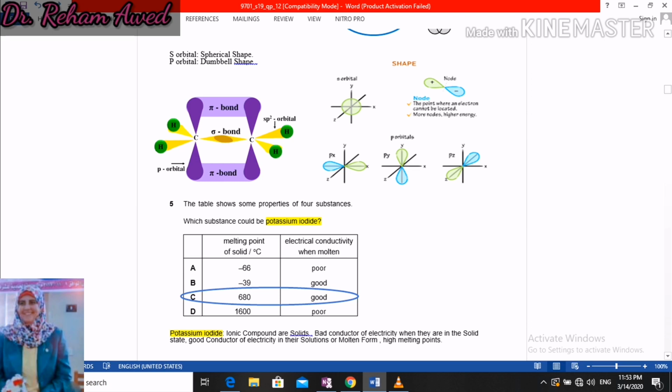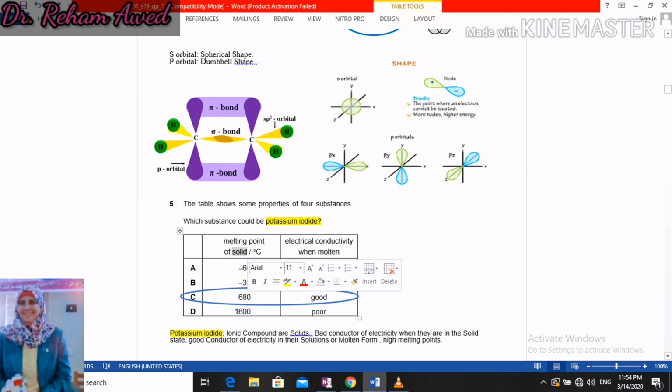Potassium iodide is a solid substance with high melting point and high boiling point, and we said it can conduct electricity in solution or in its molten state. But it is not a good conductor of electricity when it is solid. Okay? So, we will start to read the choices.